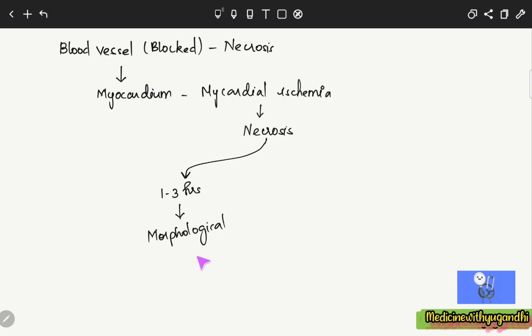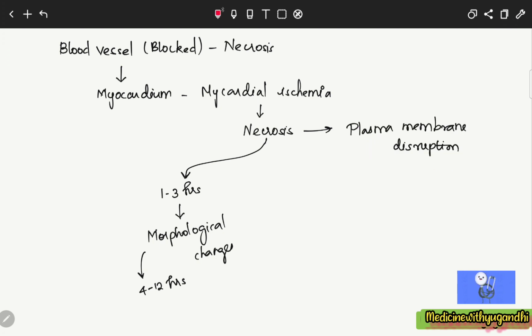Because for morphological changes to occur, a necrosed cell takes a minimum of 4 to 12 hours, so even if it is observed under the light microscope, it may not show any morphological changes. But the hallmark change, that is the plasma membrane disruption, takes place. That is the disintegration of the plasma membrane.